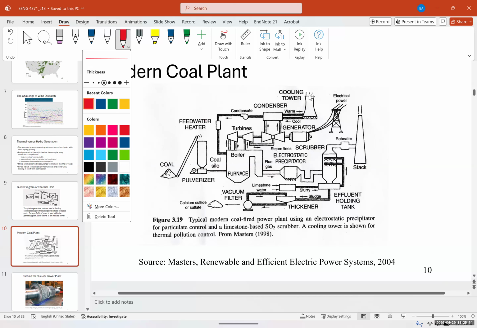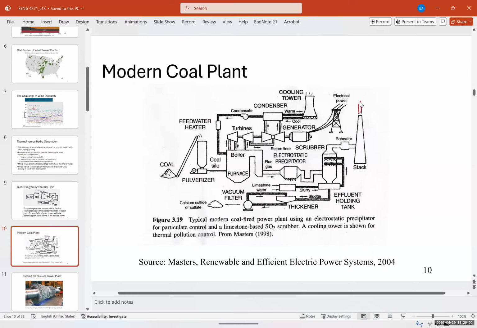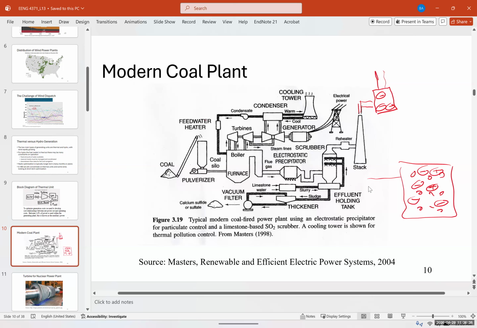The gas that is getting out of the system usually goes through, imagine that you have a metal plate, and that metal plate, you're giving it a negative charge. Okay, so you have negative charge on all of these. So imagine you have a mesh, and this mesh has negative charge, and all the fumes and gas coming from the exhaust is passing through this. Okay, the exhaust from the power plant.